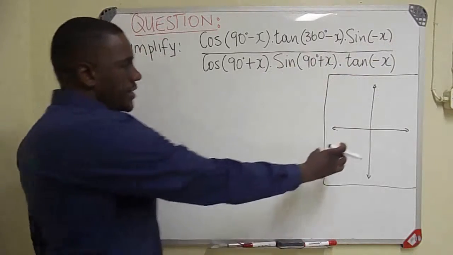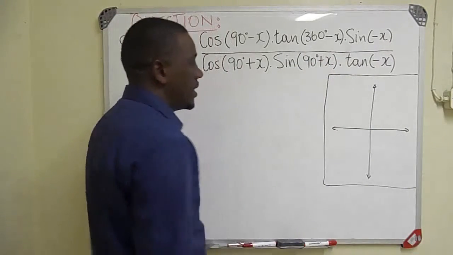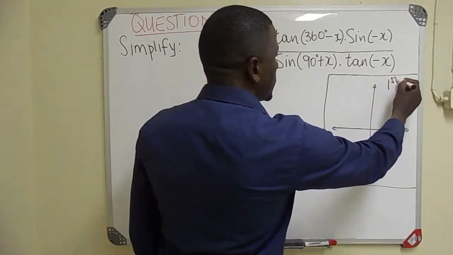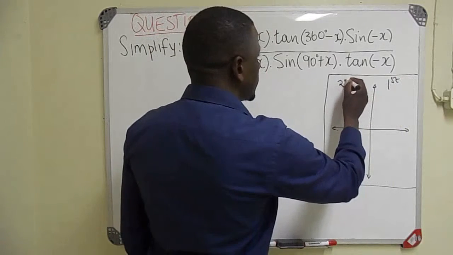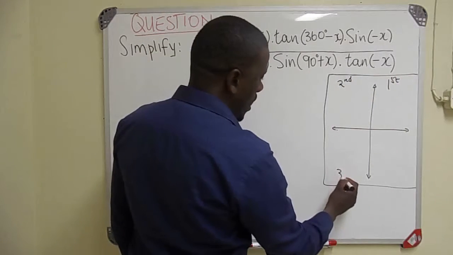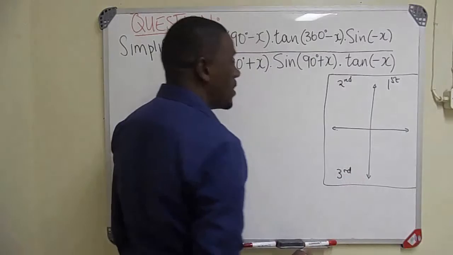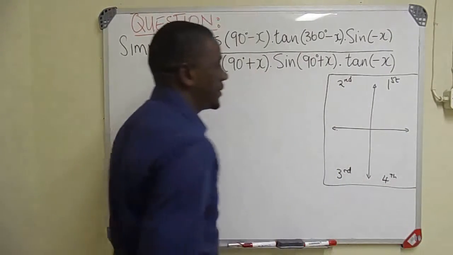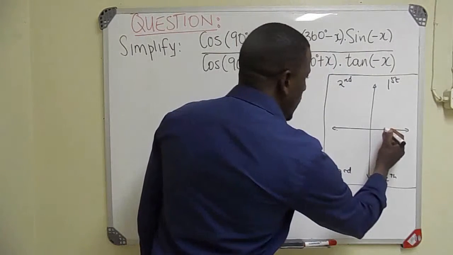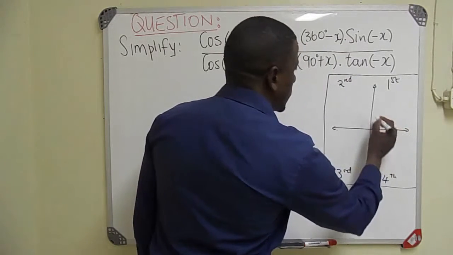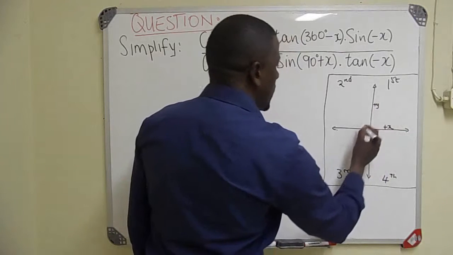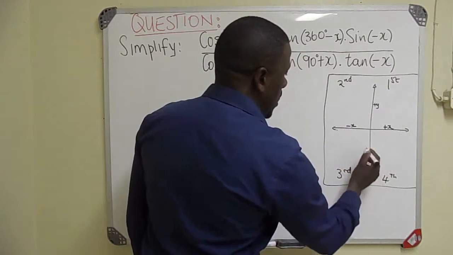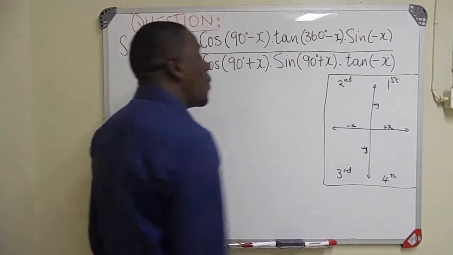So here is our Cartesian plane. It is in 4 quadrants, namely the first quadrant, the second quadrant, the third quadrant, and lastly the fourth quadrant. This one here is positive x, this is positive y, negative x, and negative y.